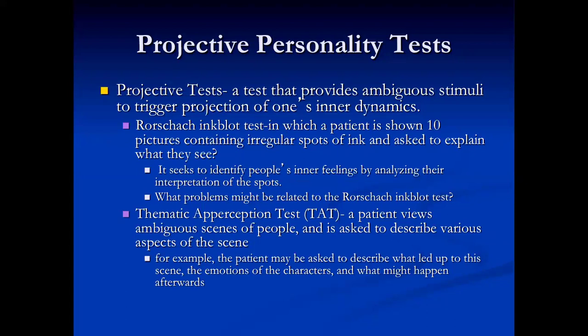Now, the Rorschach test has 10 cards. The TAT is another projective test. The TAT, or thematic apperception test, actually has 30 cards. Now, we don't give you all 30. There is a standard battery of 10 cards we give.